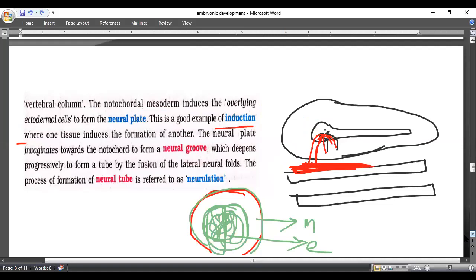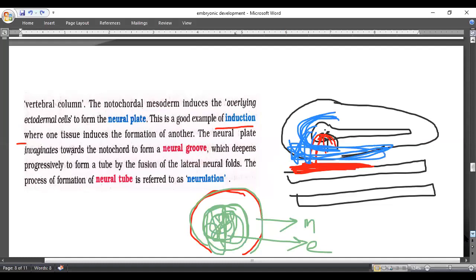And next, talking about the neural plate above the primitive knot. The neural plate invaginates towards the notochord and forms a neural groove. Slowly the neural groove is formed, which deepens progressively to form a tube.